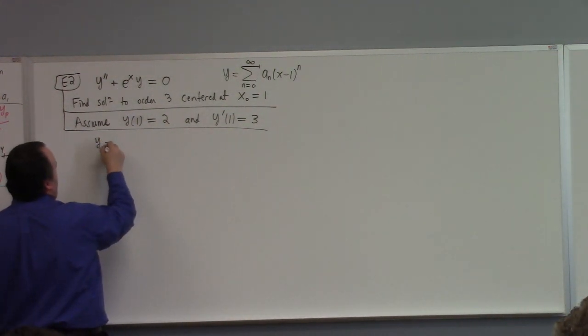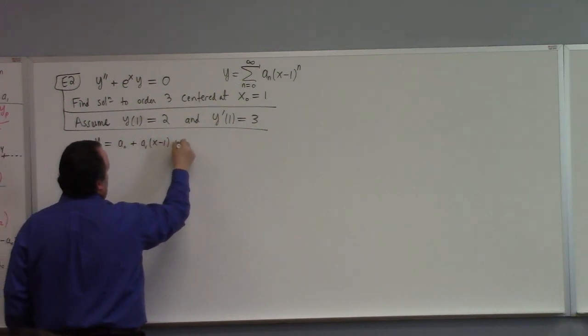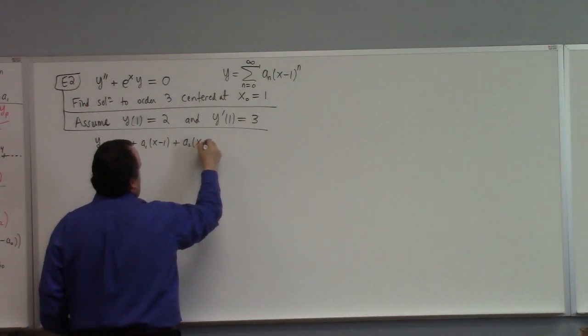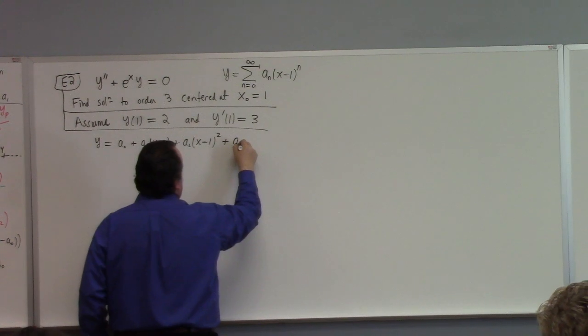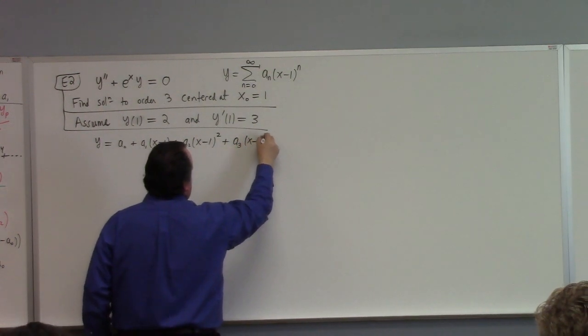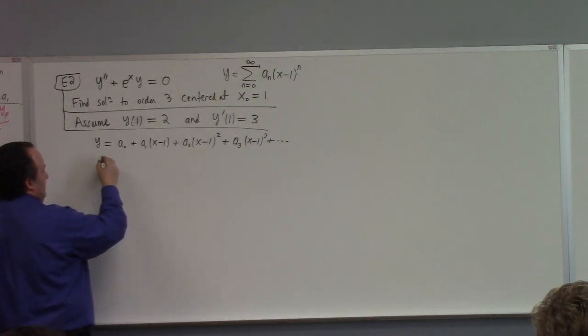So we have y is equal to a sub 0 plus a sub 1 times x minus 1 plus a sub 2 times x minus 1 squared, and so forth. Before we even differentiate, can you tell me what y is equal to then?